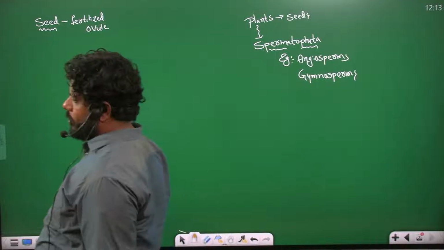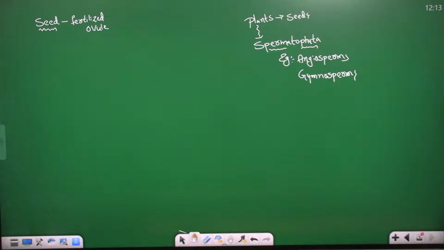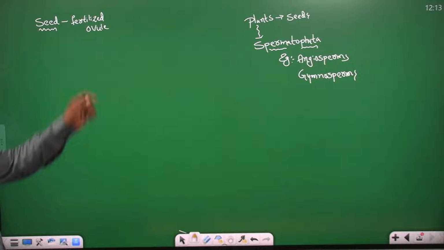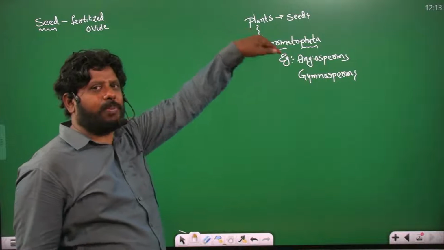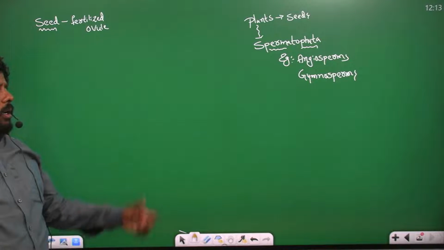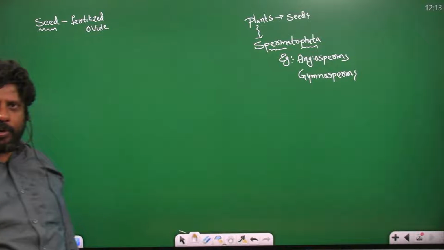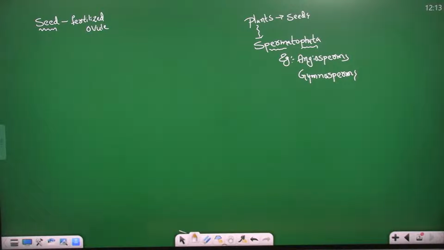So after the process of fertilization, ovules developed into seed. That's why fertilized ovules are called seed. The plants which produce seed are placed in the group spermatophyta. Examples: angiosperms and gymnosperms. Clear?